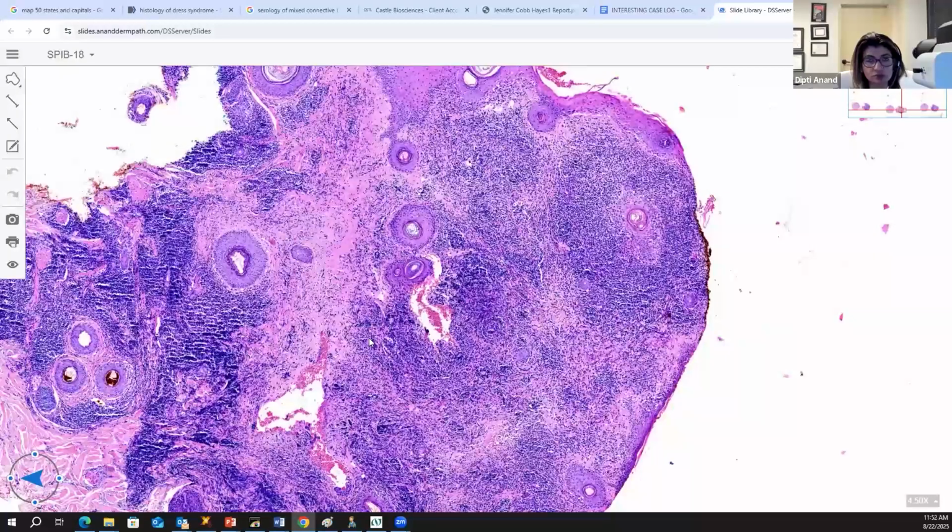In real life, this is not generally the way we think, but for your board purposes, this is how you will think. So based upon the diseases you have mentioned, DLE, LPP, central centrifugal cicatricial alopecia, and folliculitis decalvans, what do you think you can exclude?